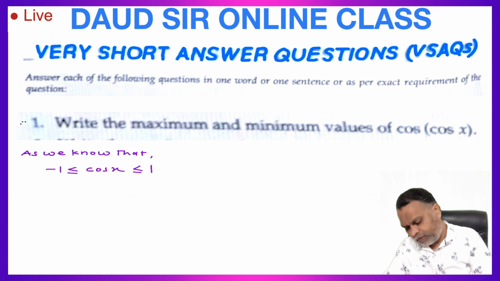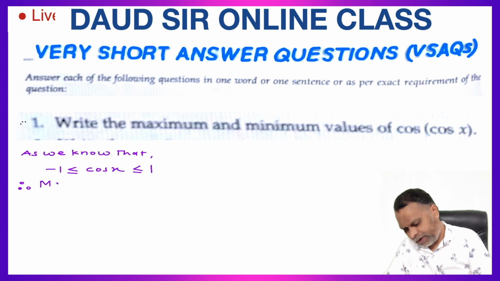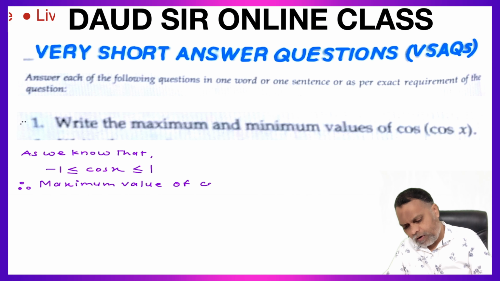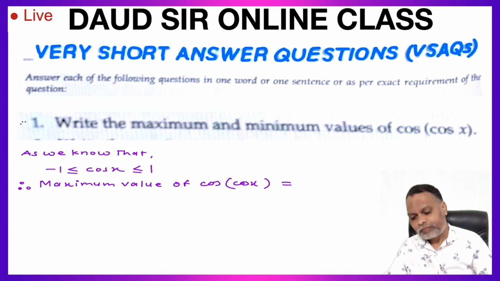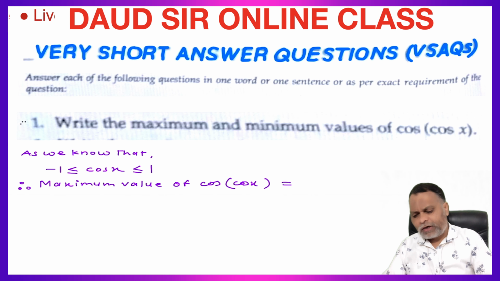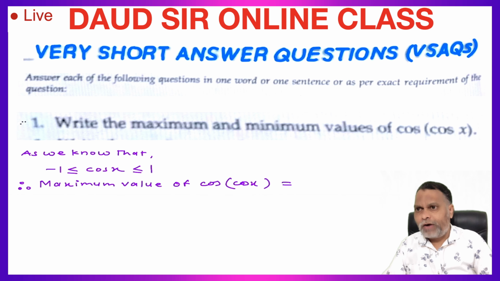So therefore maximum value of cos x is equal to, here the maximum value of cos x is 1 and this value should be 1.